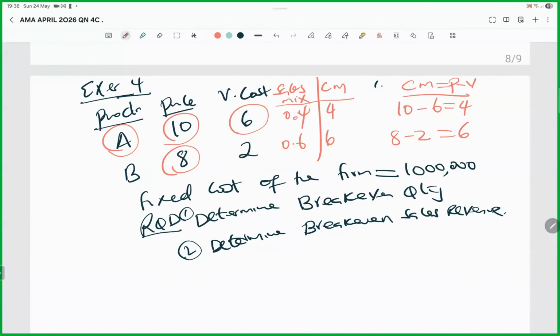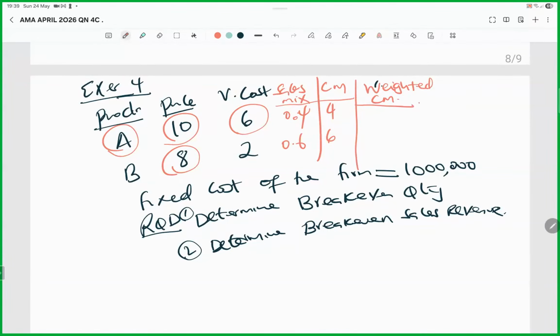You will see most of the questions in your past paper follow this criteria. So I want you to give me the weighted CM.